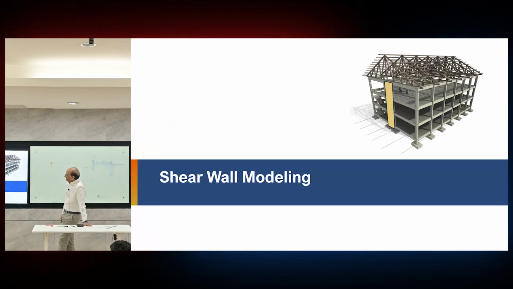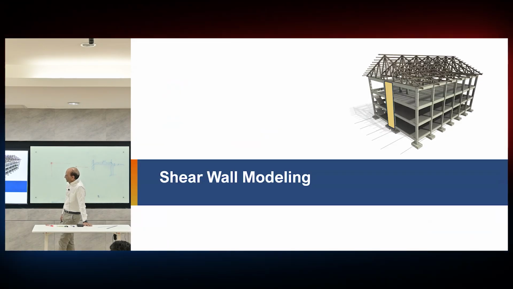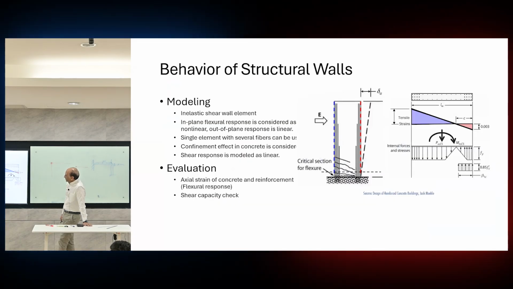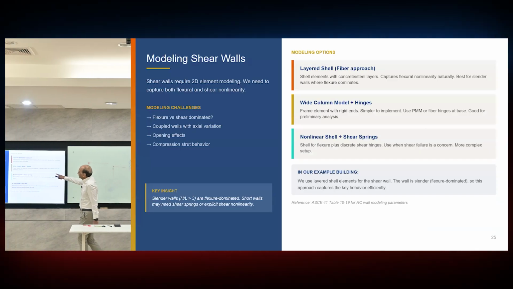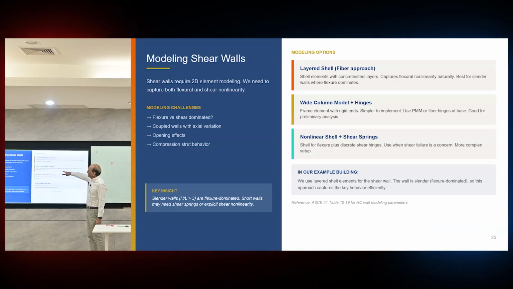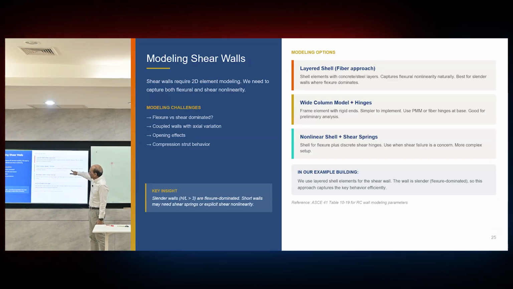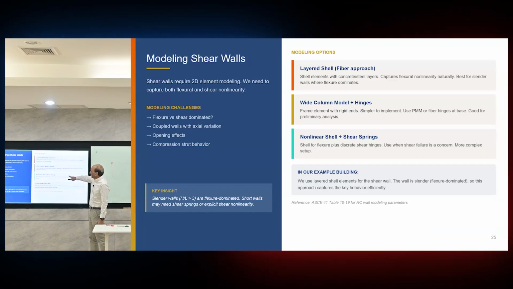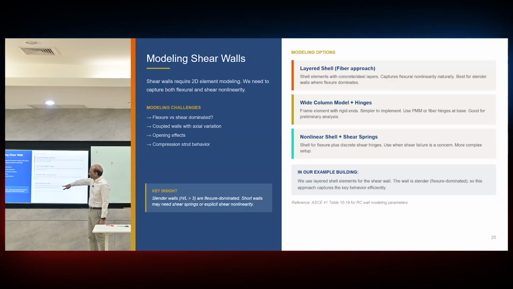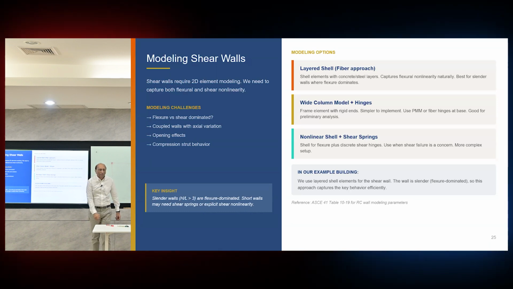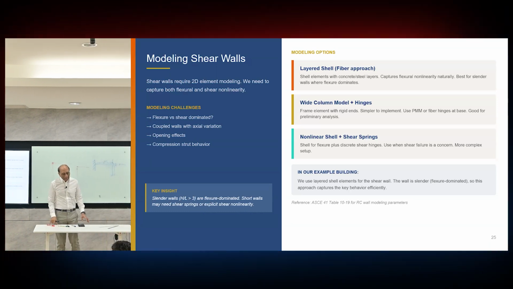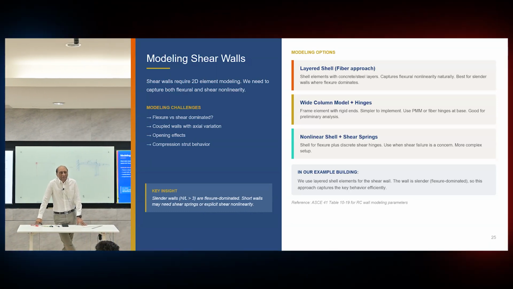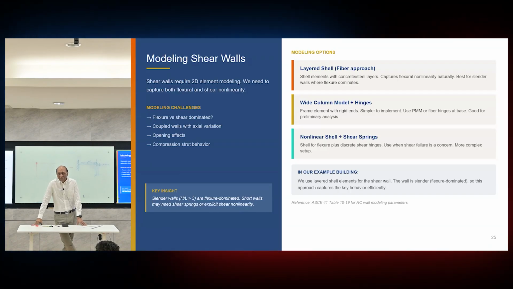For shear wall modeling, we have two options. So one option is modeling layered shell, fiber approach, wide column, just like a column, and then nonlinear shell plus shear springs. And we can use any of these. Normally for shear walls, people still prefer the fiber hinge just like a column.